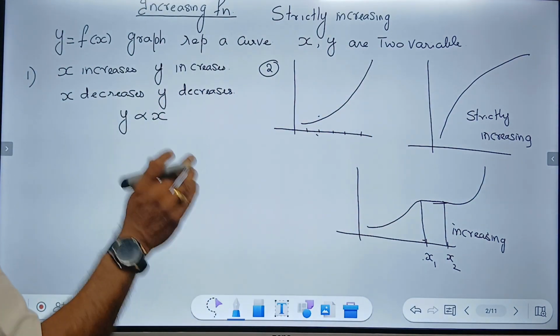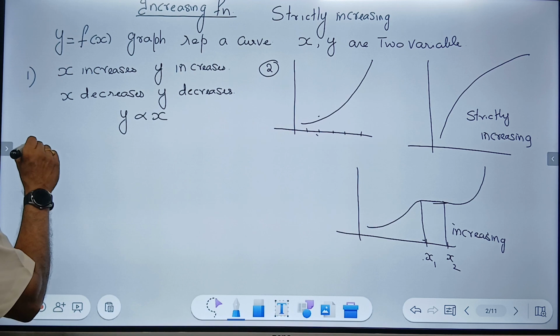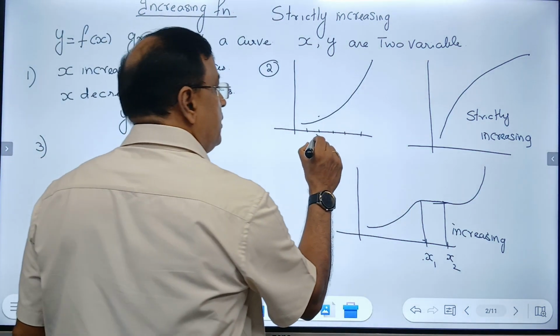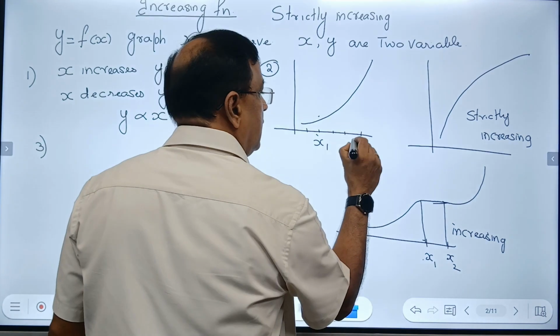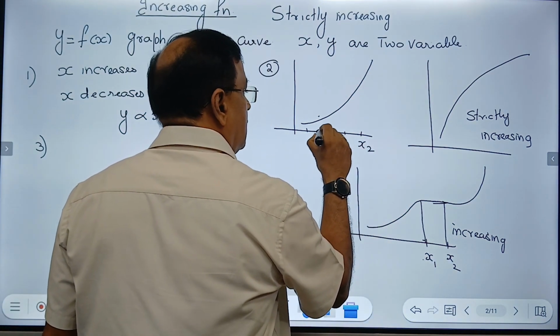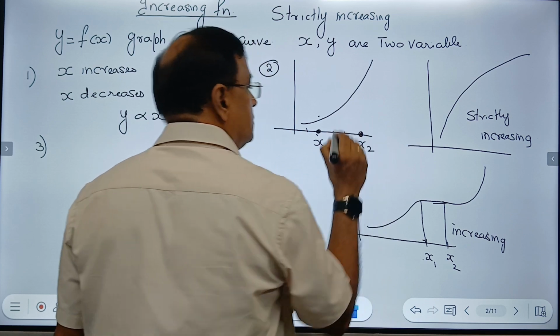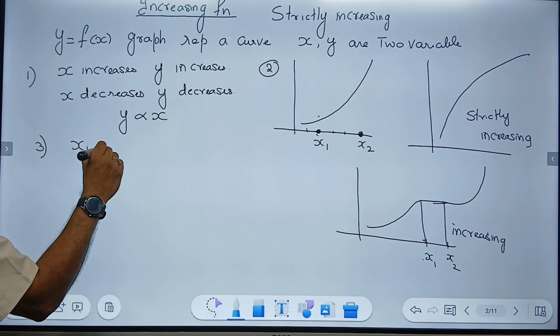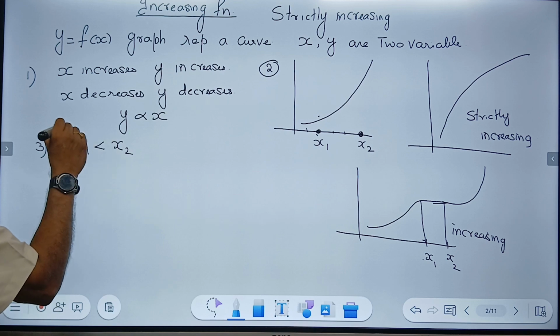So that's one representation using graph. Now third way is, for example, if I take two neighboring points, say x1 and x2, let us assume that this is x1 and this is x2. Now clearly you can see x1 is strictly less than x2.